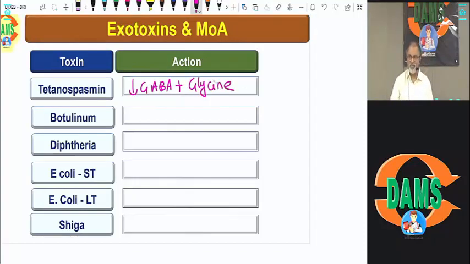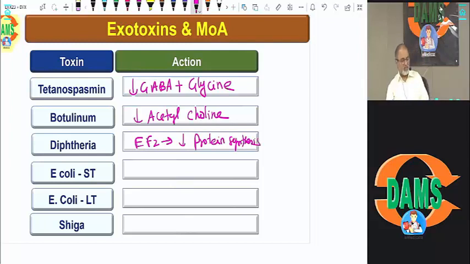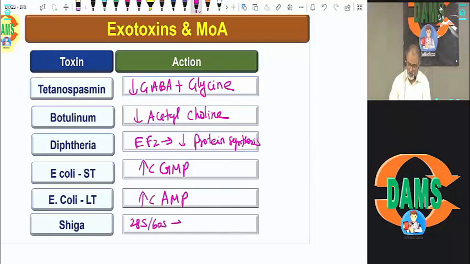Botulinum toxin inhibits the release of acetylcholine. Diphtheria toxin acts on elongation factor 2, inhibiting protein synthesis. E. coli stable toxin increases cyclic GMP. Labile toxin increases cyclic AMP. Shiga toxin acts on the 60S ribosome, inhibiting protein synthesis.